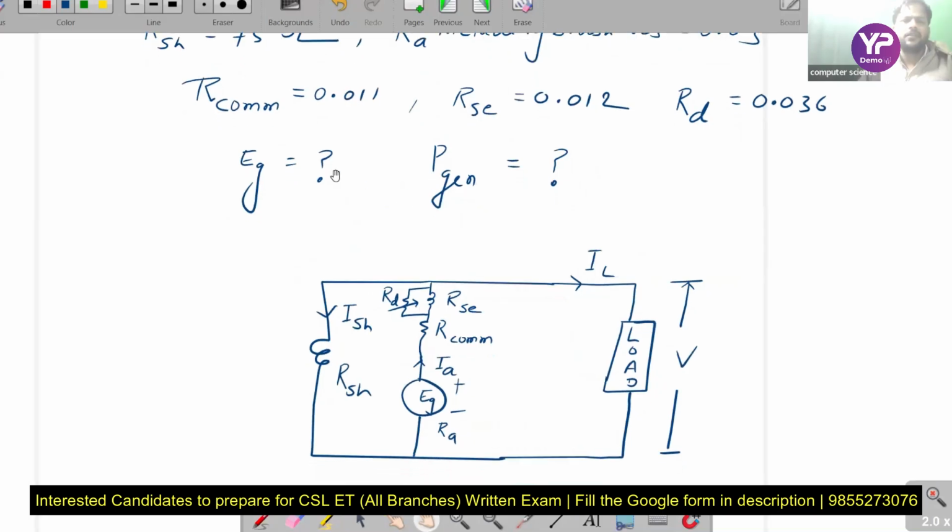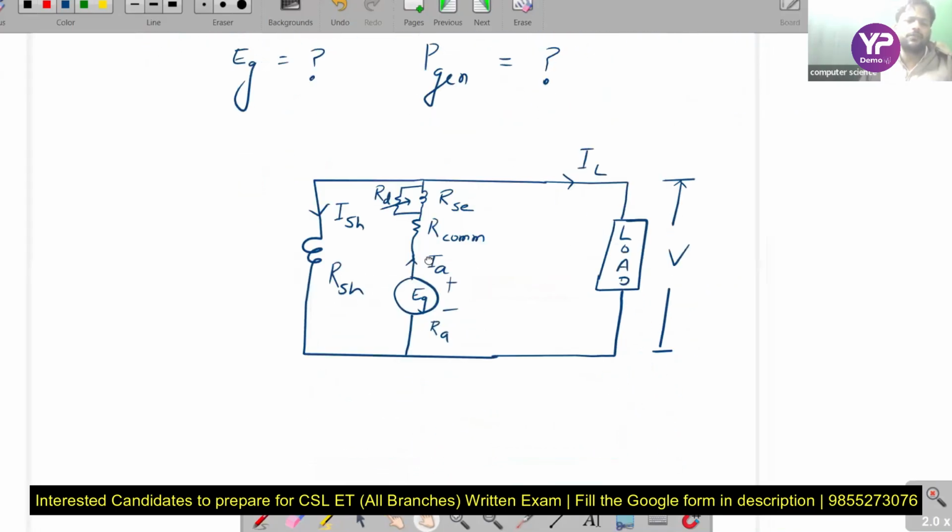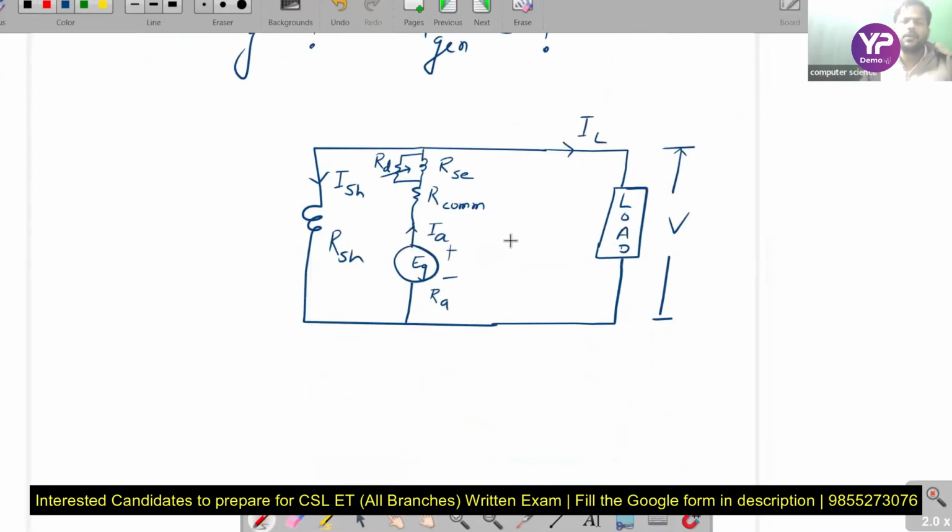Now we need to find the generated EMF. To find the generated EMF, we apply KVL equation in this loop. If we apply the KVL equation, we write EG minus IARA. Here brush drop is not given. So if brush drop is not given in question, then we generally neglect the brush drop.